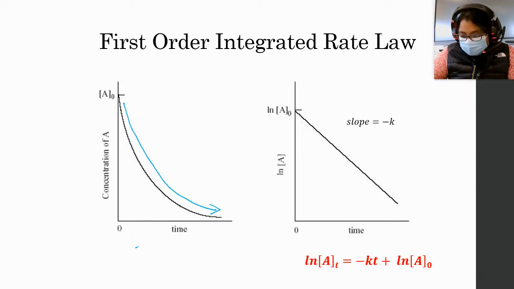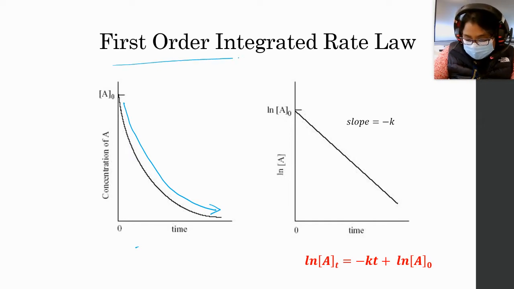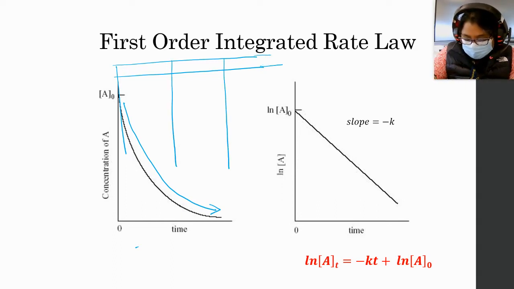All right. Then if you wanted to see if it was first order, what you do is you take your data. So here's your data, but you need another column now. This will be time, this will be concentration, and you would have to do ln of the concentration of A. So time would be like 0, 10, 20, I'm just going by seconds.